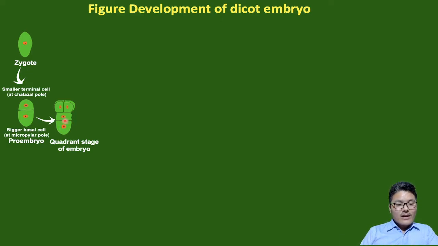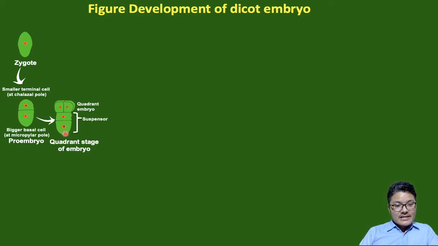So in the quadrant stage of embryo, you are able to find quadrant embryo, wherein quadrant here refers to four. So four cells are present, two cells which are seen front and two cells are shown behind. So we have four cells in the quadrant stage of embryo, and your basal cells will be forming suspensor cells.